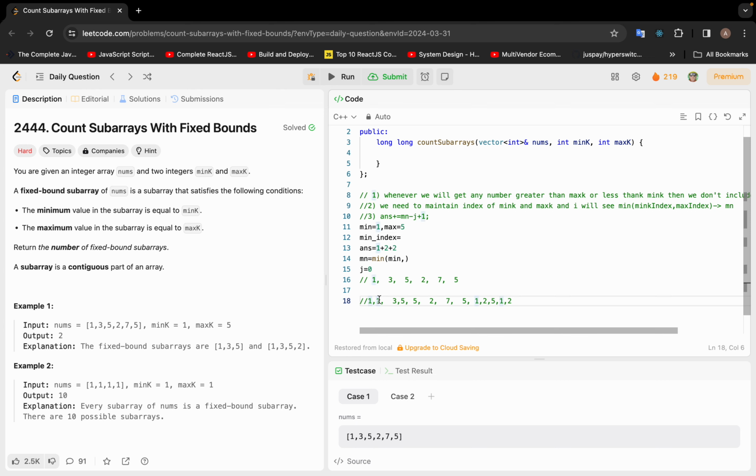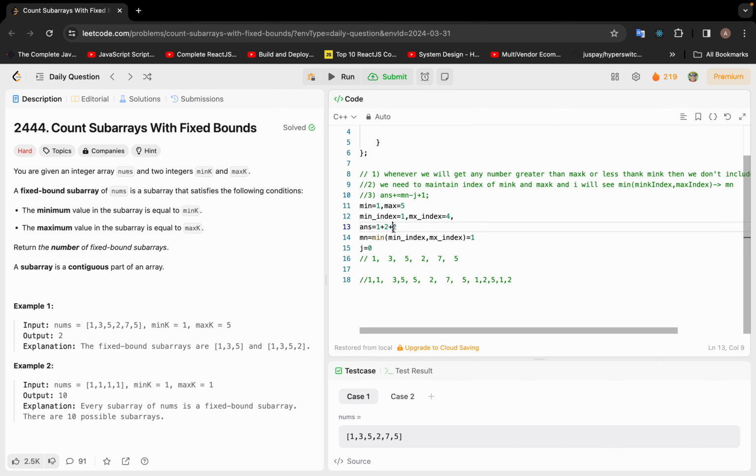I will update this: the min index is 1, and the max index is, counting 0 1 2 3 4, this will be 4. So mn will be equal to 1, right?